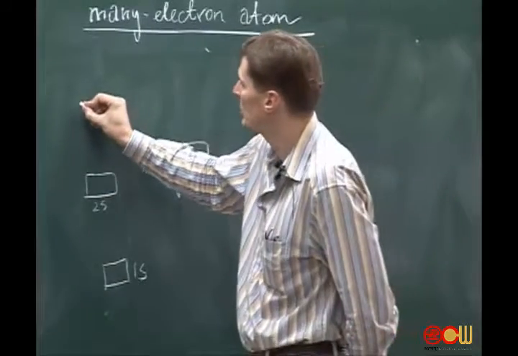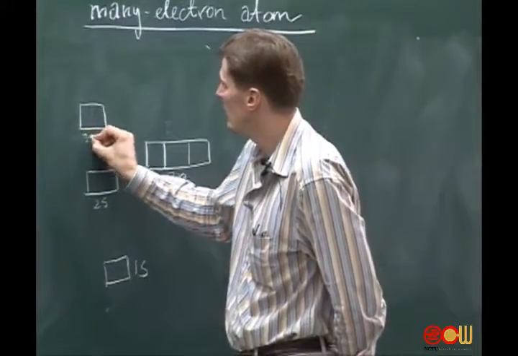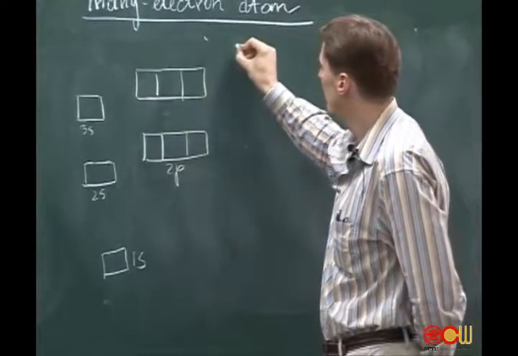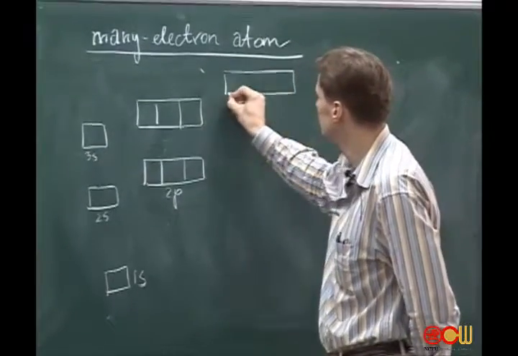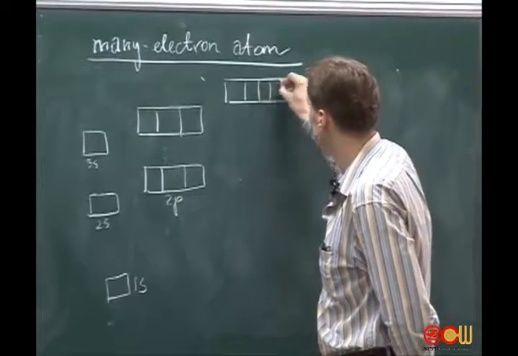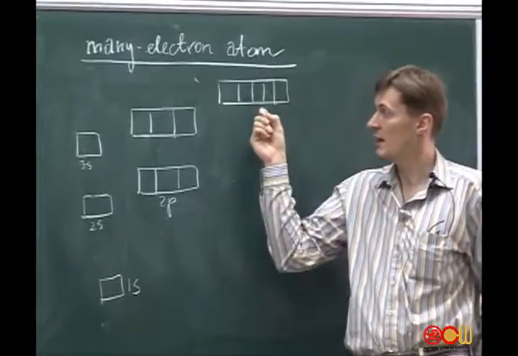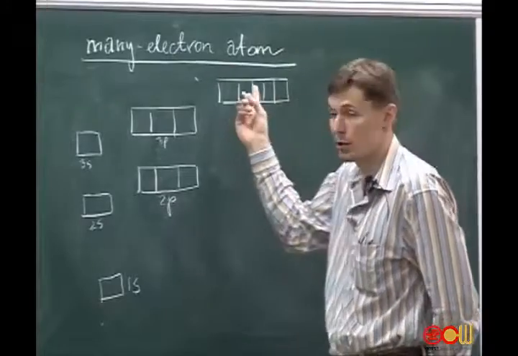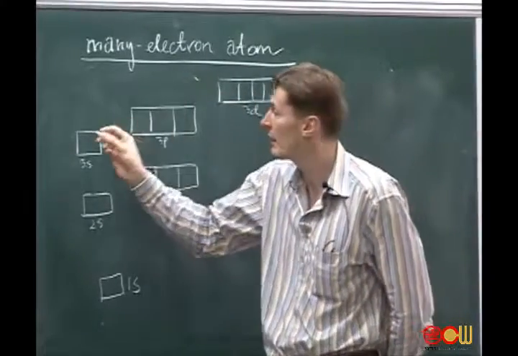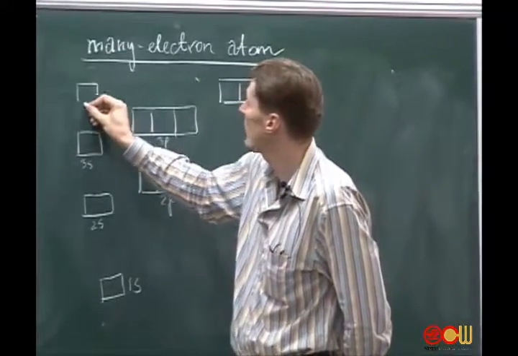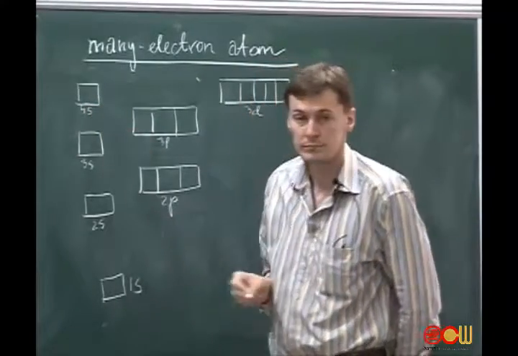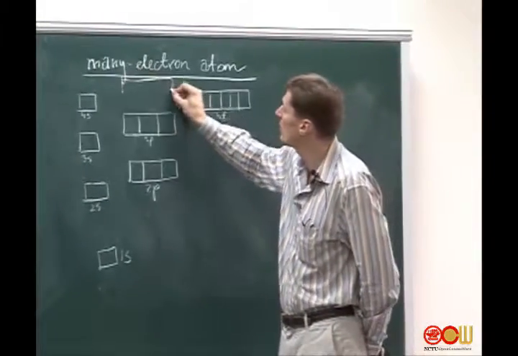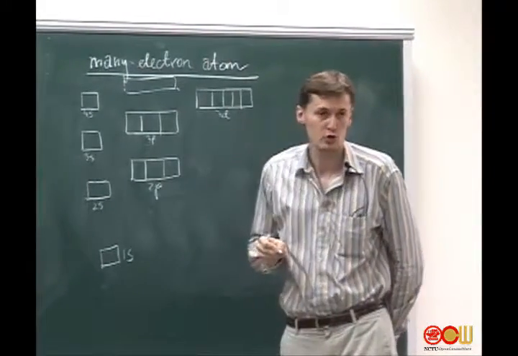The same thing happens for the 3s. 3s, 3p goes up, and 3d goes even more up. So 3p, 3d. It goes so much up that it goes even higher than 4s. 4s is now a bit lower. And of course 4p would be here and 4d would be here. I'm not going to draw it.